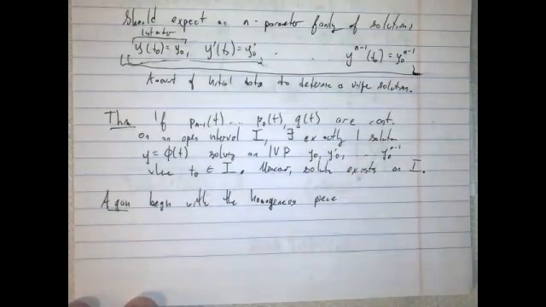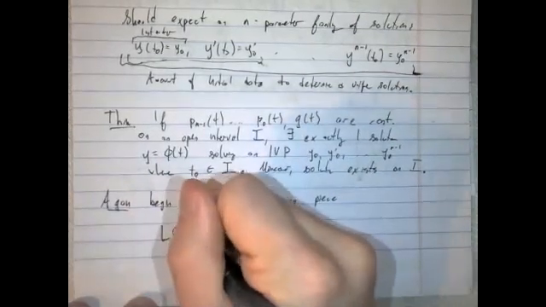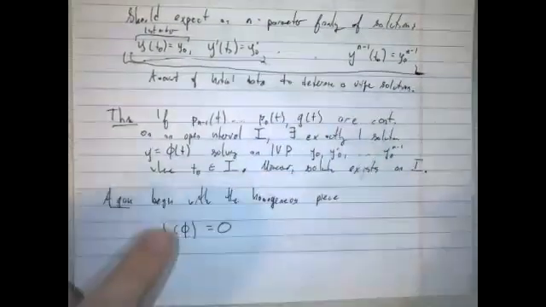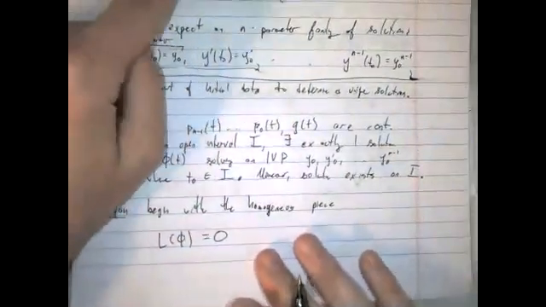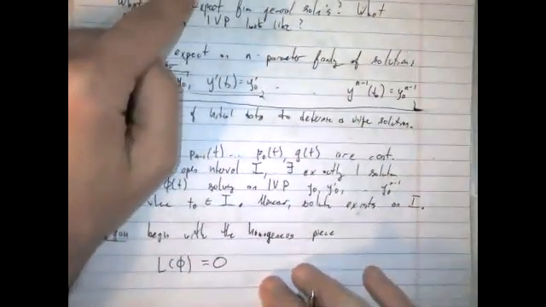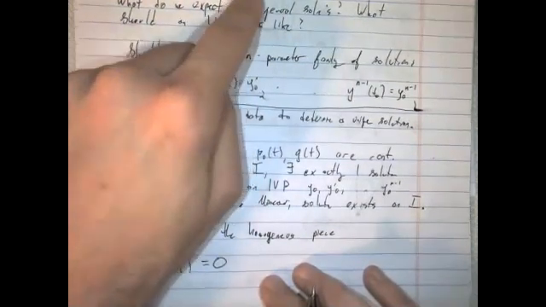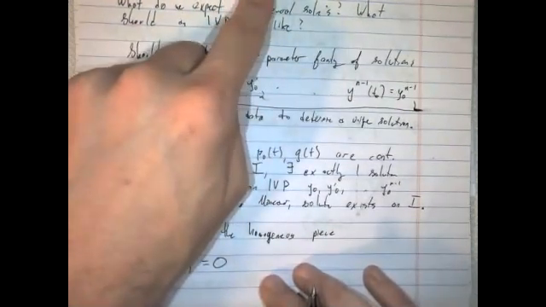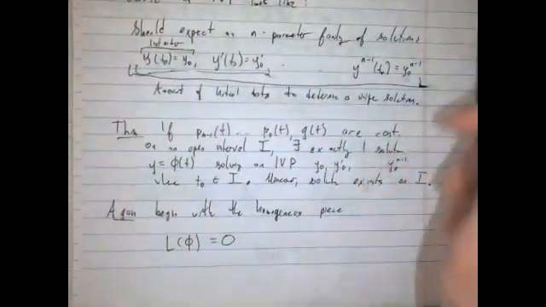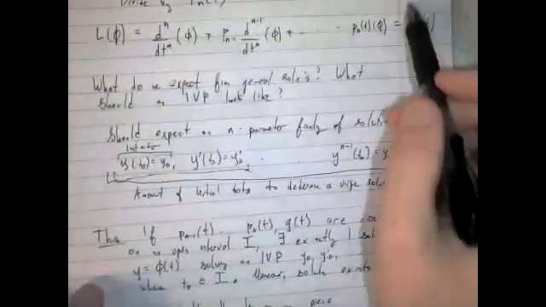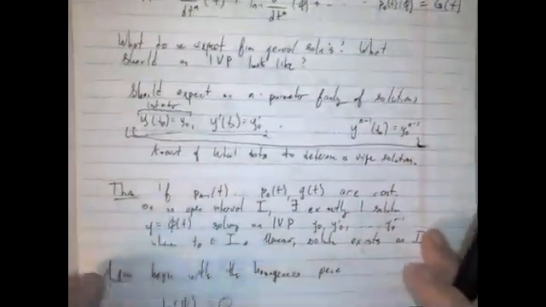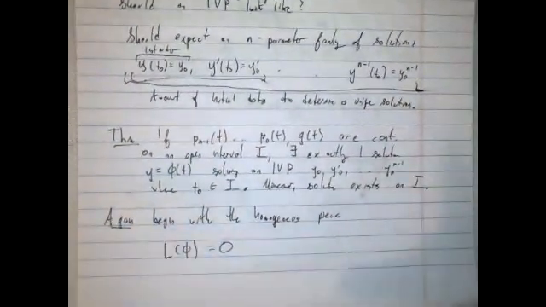Which is precisely the condition that L of phi is equal to 0, where now L is the differential operator represented by d^n over dt^n, plus some polynomial in t times d^(n-1) over dt^(n-1), all the way down to here, right? Homogeneous just means that this stuff in terms of g is 0. Nothing unexpected here.